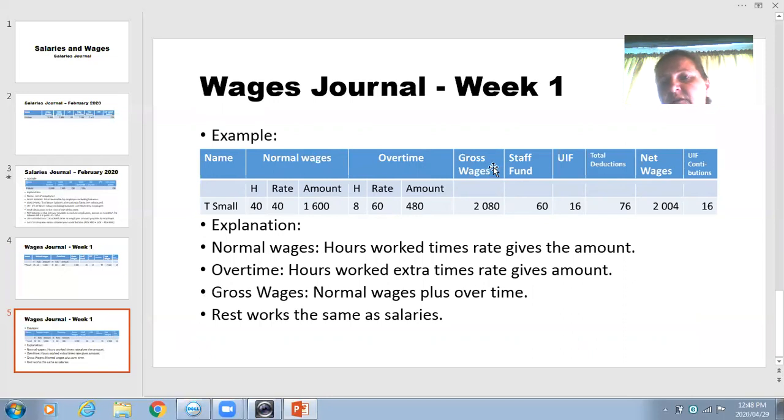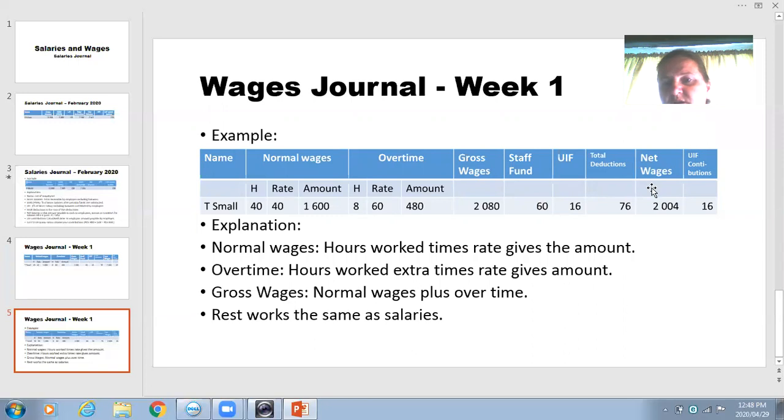The rest of this looks exactly the same as my salaries journal. In other words, I'm going to have my UIF, my staff association, etc. List them individually, add them together for my total deductions. Total deductions are subtracted from gross wage, and that then gives me my net wage.